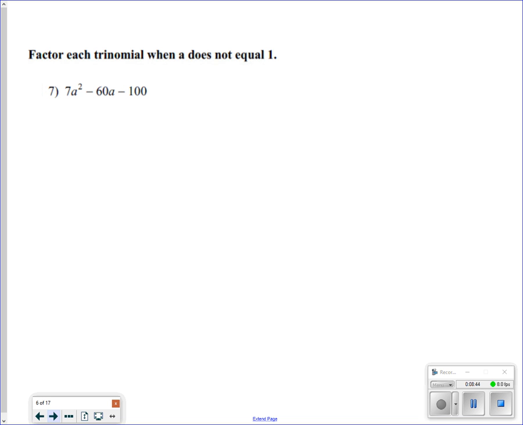Next one. Guess and check. There's only really one way to get 7a, and that would be 7a times 1a. Now, there's a lot of different ways to get 100, though. 1 times 100, 2 times 50, 4 times 25. So again, there's a lot of different ways.